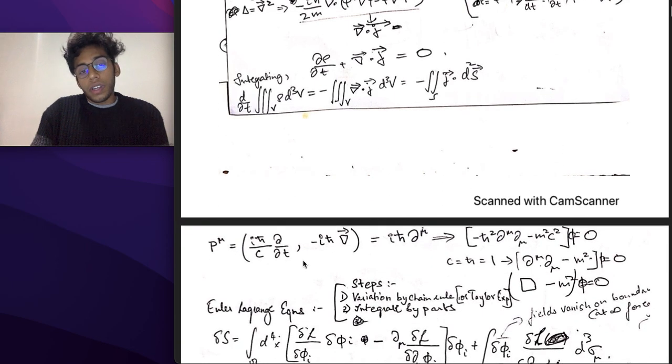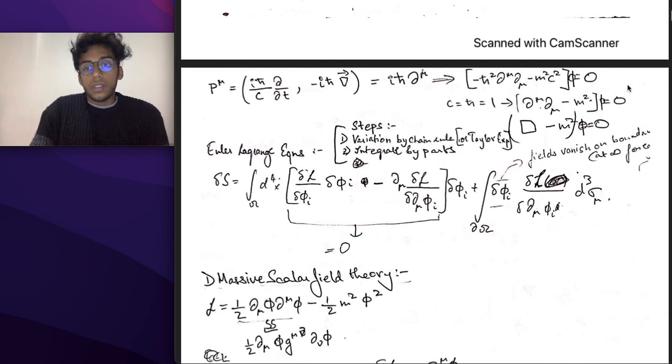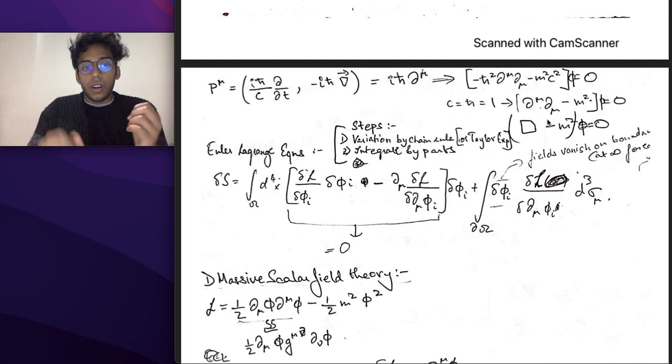But once you start using relativistic coordinates, you find that the simplest equation it reduces to is (box minus m squared) phi is equal to 0. So this is the Klein-Gordon equation, and it's a field equation.